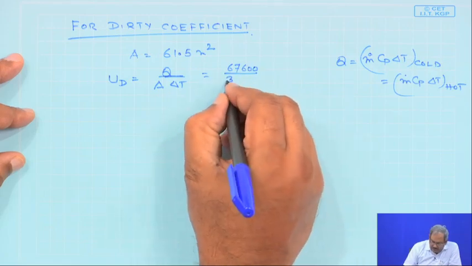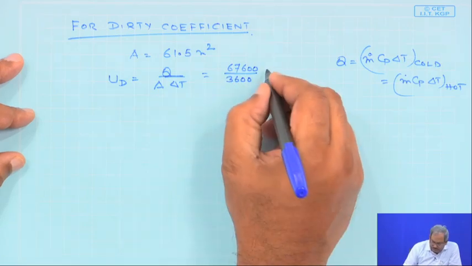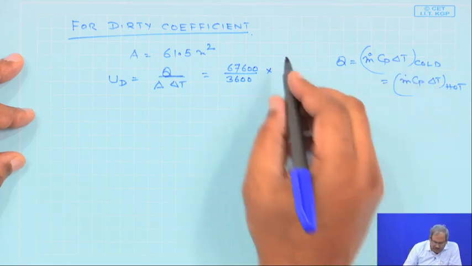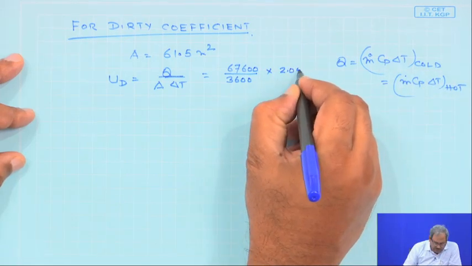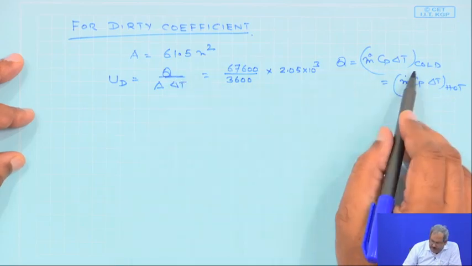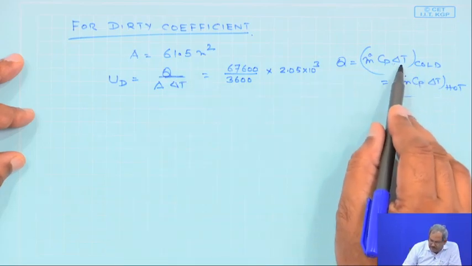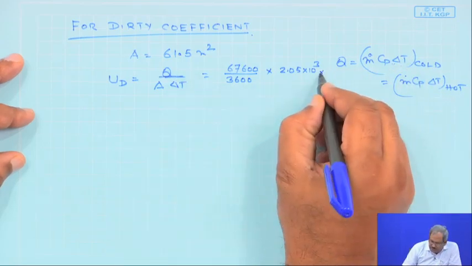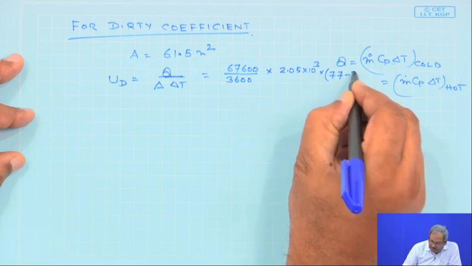67,600 by 3600, Cp for the cold side 2.05 into 10 to the power 3, and delta T, that is the temperature rise of the cold side, which would be 77 minus 38.